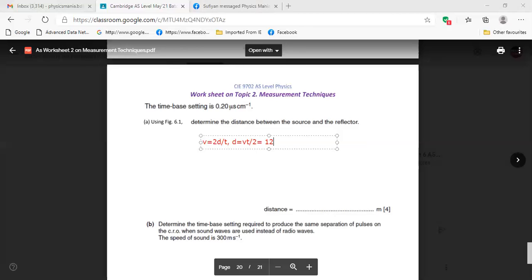Yes, sir. I'm doing it. Is it coming 120 meter? Check.